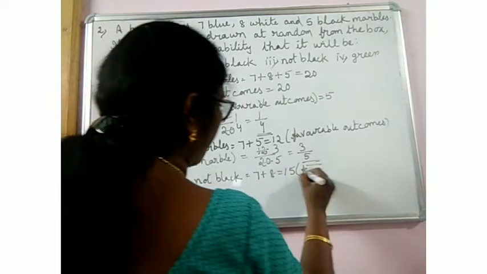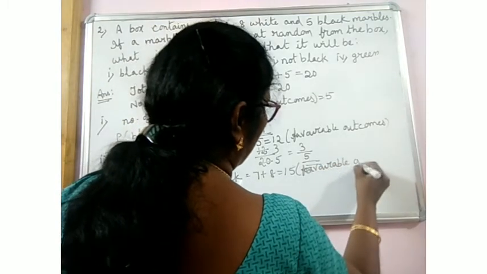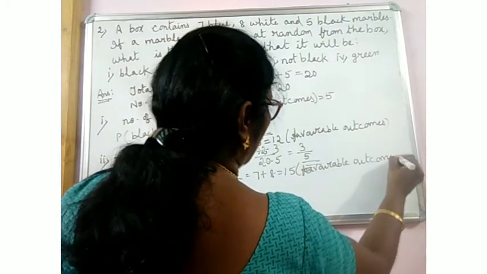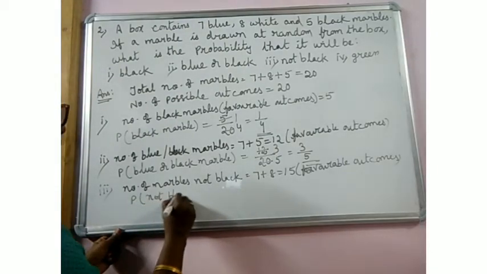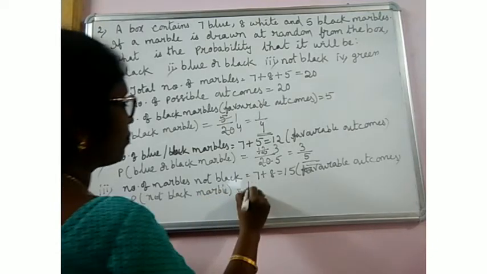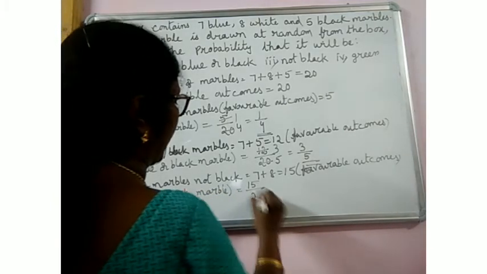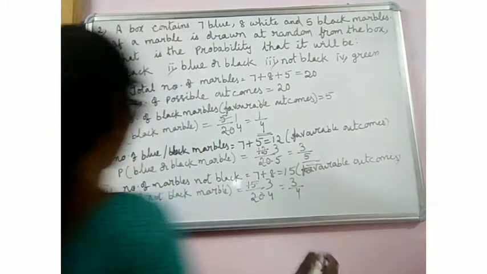So 15 is the favorable outcomes for the third bit. So probability of getting a not black marble is 15 favorable out of 20. 5 threes are 15, 5 fours are 20, so 3 by 4.